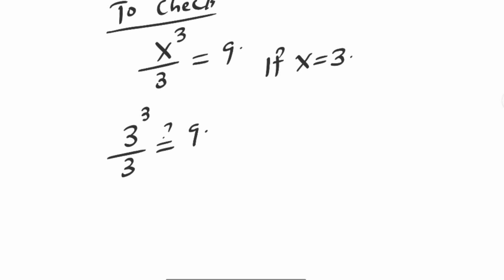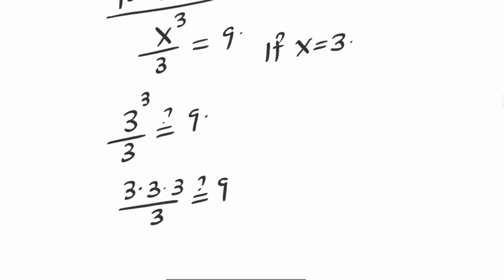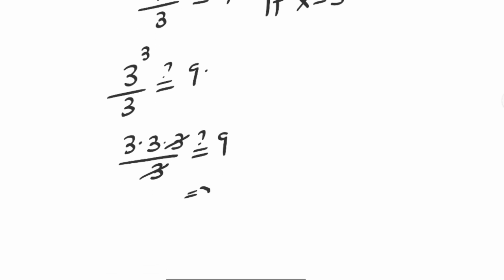And of course, 3 raised to power 3 is 3 multiplied by 3 multiplied by 3 over 3 must be equal to 9. These 3 cancel these 3. Then we have 3 multiplied by 3 must be equal to 9. 3 multiplied by 3, this is 9, is equal to 9, which is true.